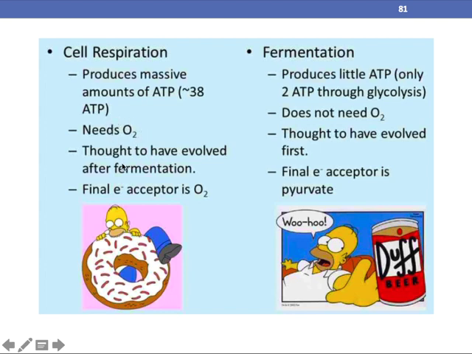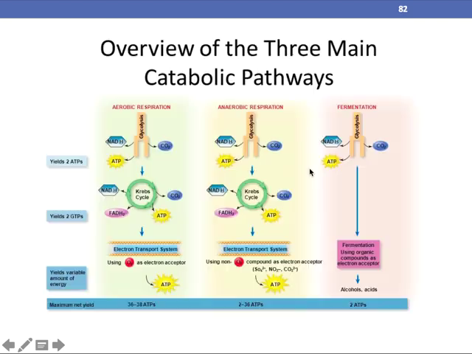And it is thought to be one of the processes that evolved after fermentation, that is more sophisticated than fermentation. And then there's fermentation, where very little ATP is produced, only 2. It doesn't need oxygen, and it's thought to have evolved first. And pyruvate is seen as the electron acceptor in that process.